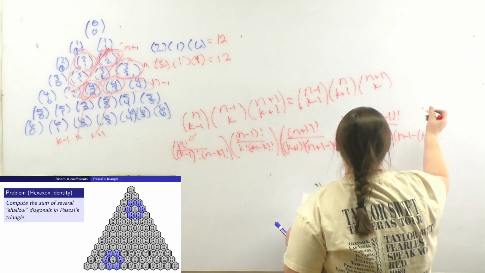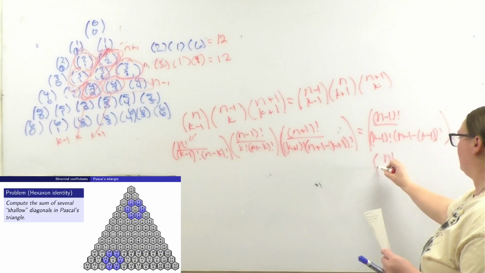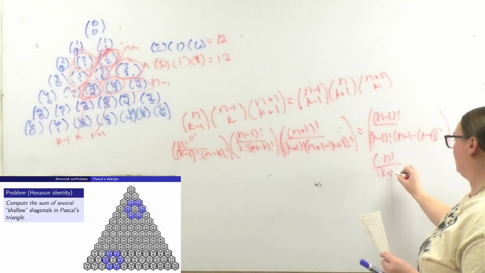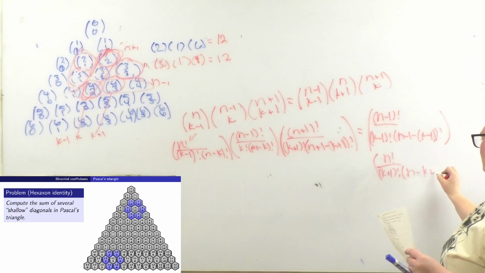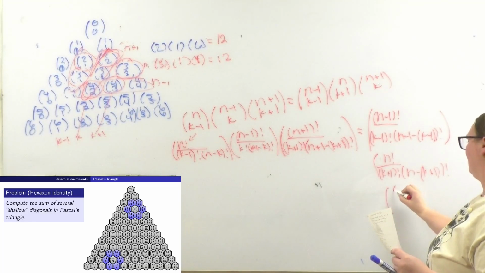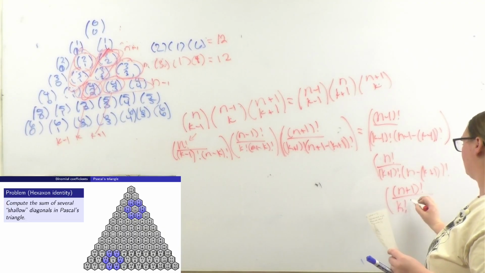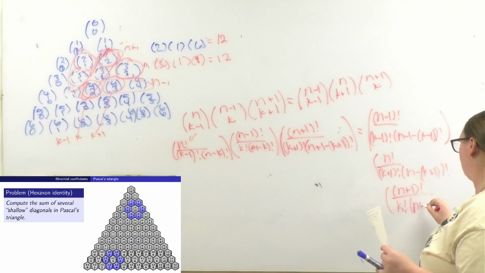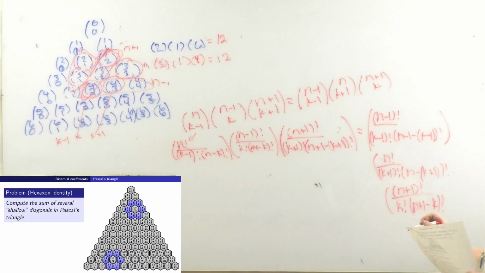We're gonna run out of room. And then we'll do this one down here. So this is n factorial over k plus 1 factorial, and then n minus k plus 1 factorial. And then one more. N plus 1 factorial over k factorial times n plus 1 minus k factorial.